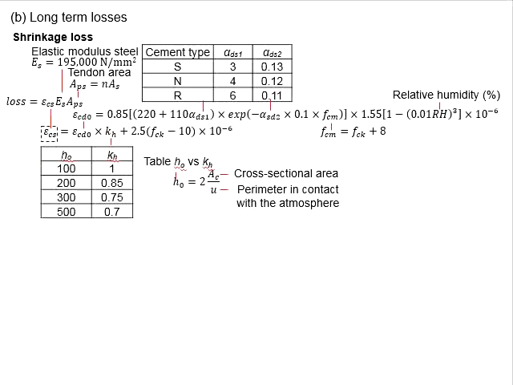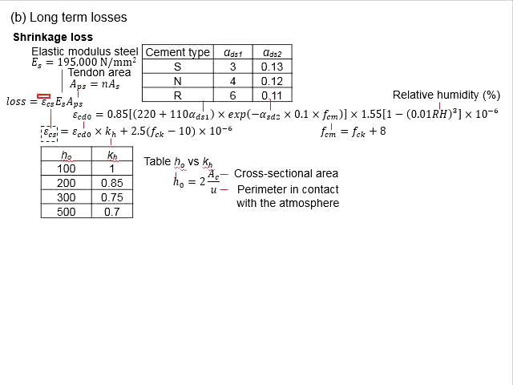However, when we want to quantify the losses, we are quantifying the stress in the tendon, assuming that the shrinkage of the concrete will be the same as the change in strain in the steel tendon. This is represented by epsilon CS.